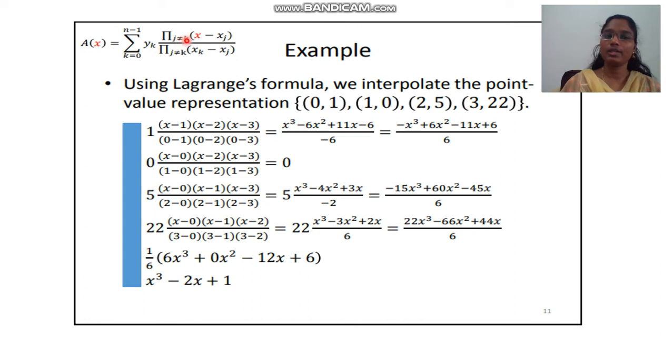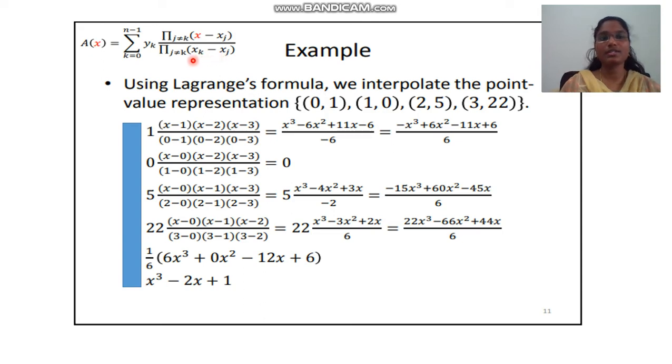So we take only 1, 2 and 3. What is xj? x0 is 0, x1 is 1, x2 is 2, x3 is 3. So x minus 1 into x minus 2 into x minus 3, divided by xk minus xj.